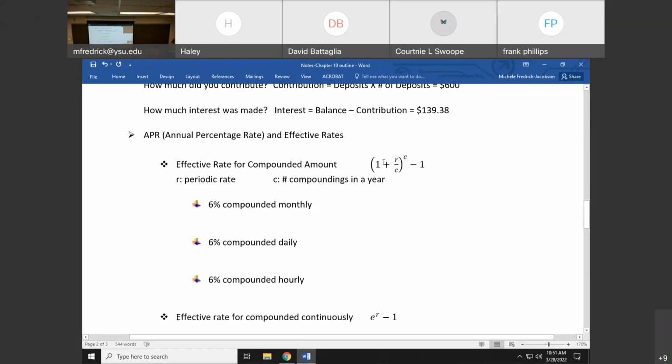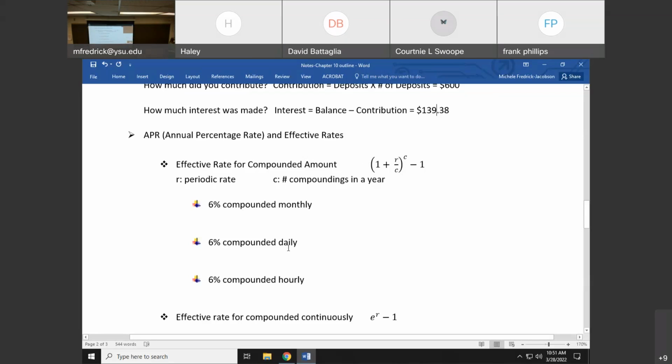To use it, we use this formula. Now this is when it's compounded monthly, daily, yearly. Compounded continuously will be a separate formula that we'll look at in a minute. So R is a periodic rate.